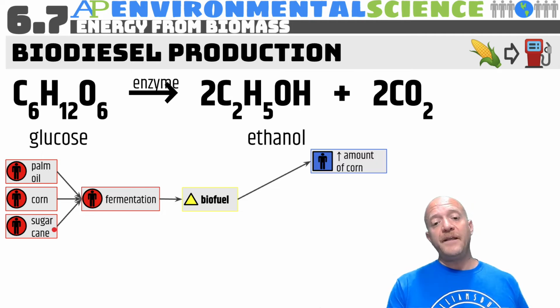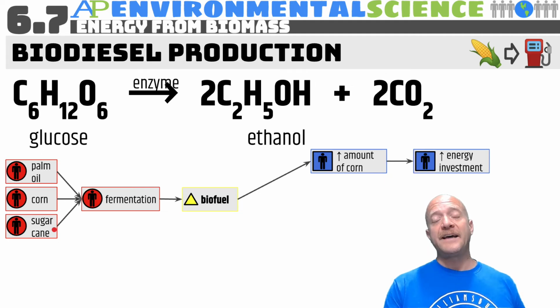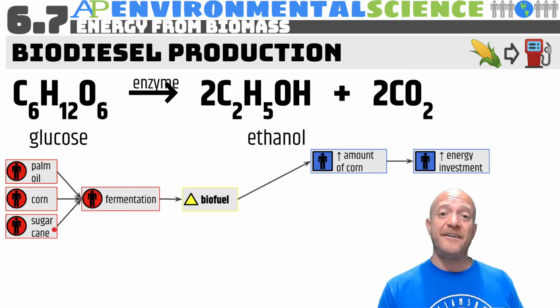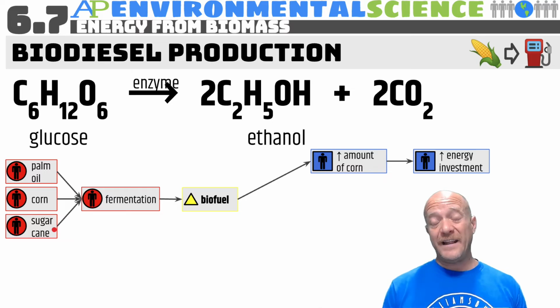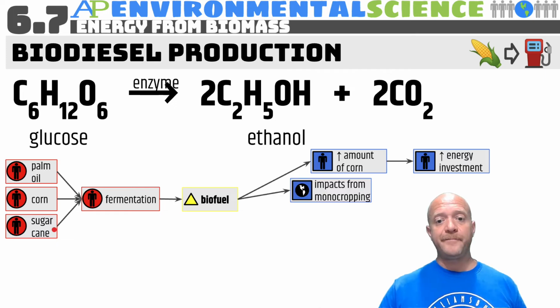So the impact is we are increasing the amount of corn that we are growing, which is a higher energy investment. We're putting a lot of energy in, and we're not really getting as much energy out. So the return on investment is actually quite low, and it is not the most efficient process currently.